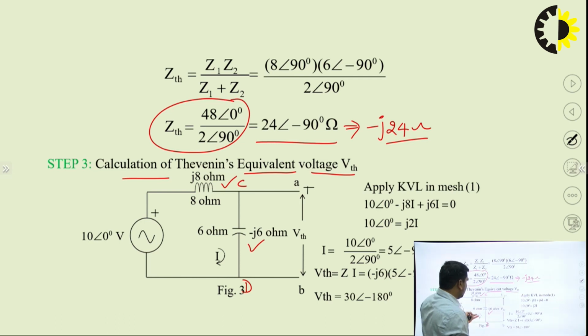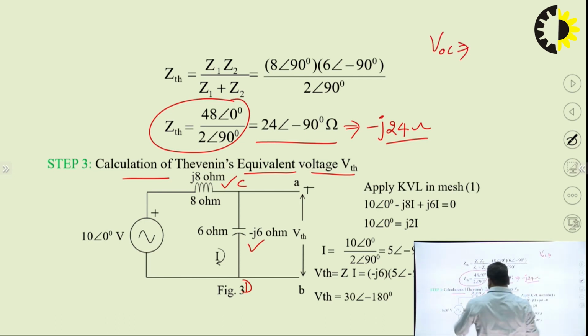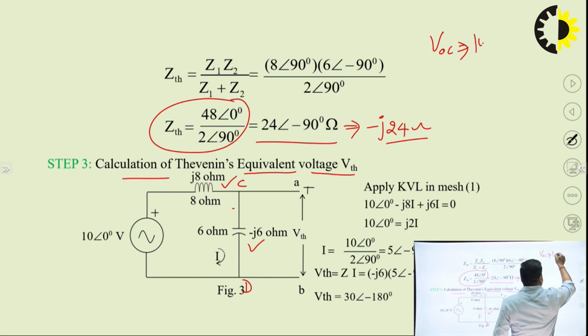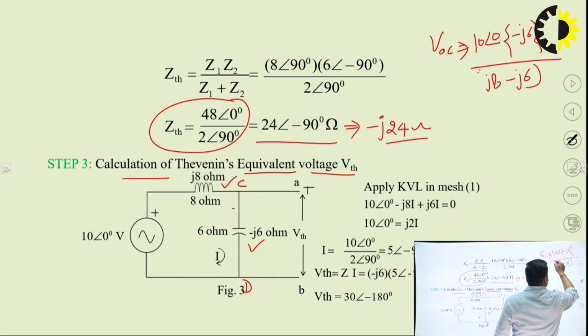So what is the VOC? VOC is the voltage across this minus J6 ohm. So what is the total voltage? 10 angle 0 times minus J6, divided by J8 minus J6.